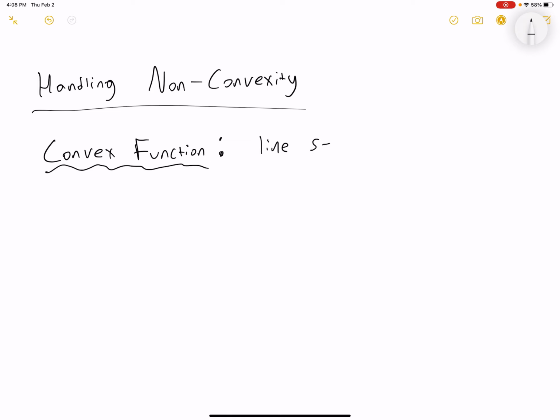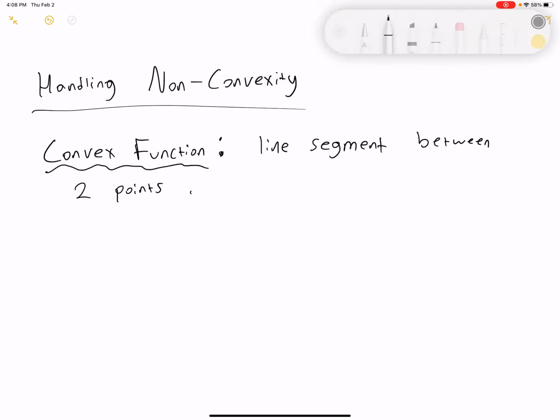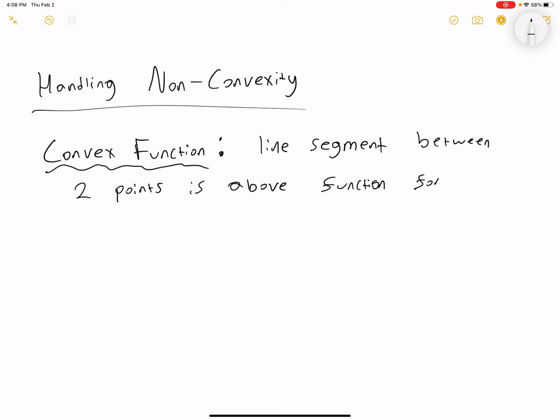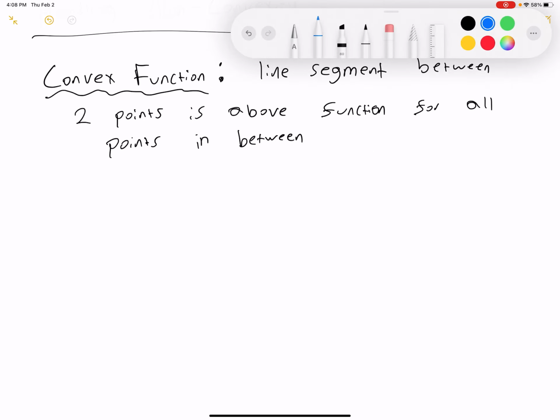So you have a convex function if you can draw a line segment between 2 points that are above the function for all points in between, which kind of sounds mysterious when you write it out, but if you draw it out, it's pretty clear.